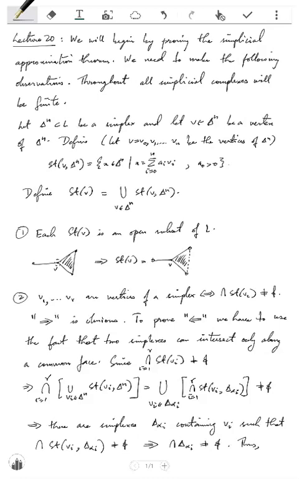Thus the intersection is going to be a face. So it's going to be some simplex delta gamma. And since the intersection of the stars of v_i comma delta alpha i is contained in the intersection of delta alpha i, this is equal to delta gamma.